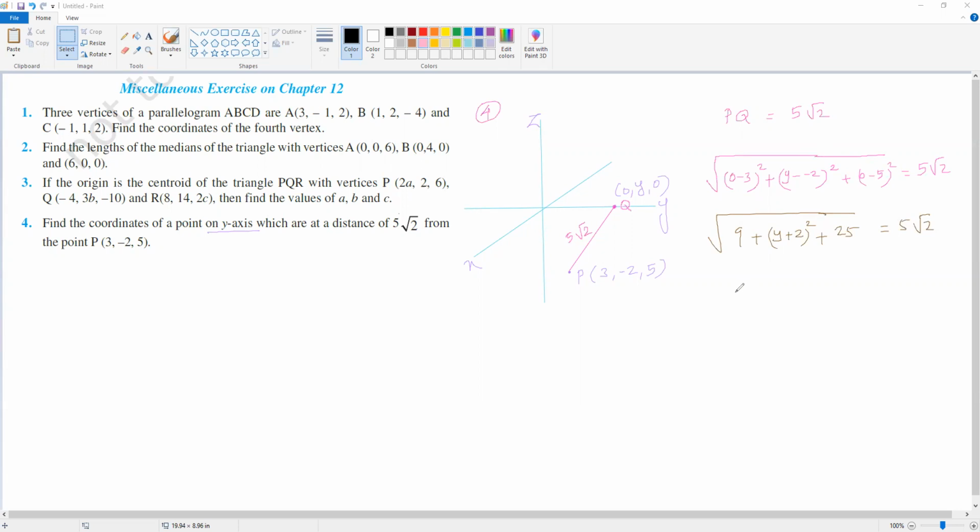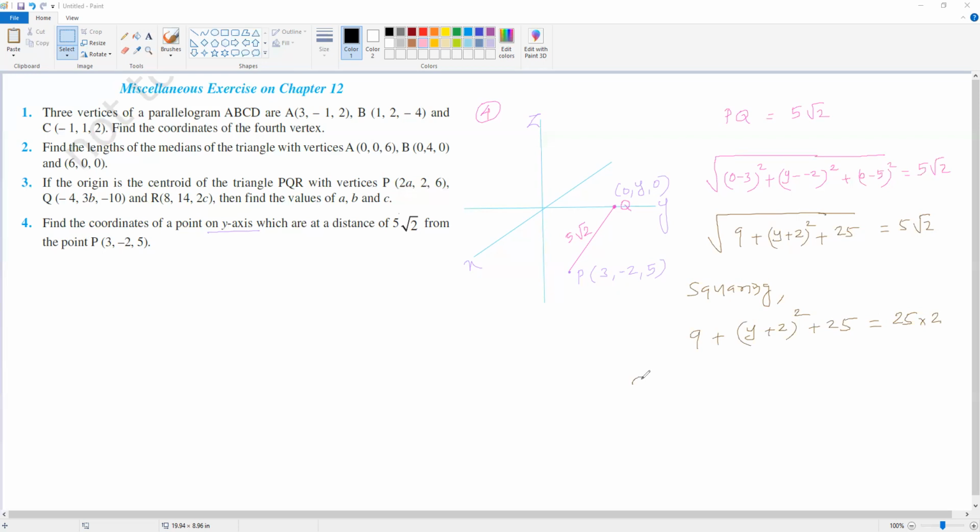Then just square both sides. So the square root will go, and we get 9 plus (y plus 2) the whole square plus 25 is equal to 5 square, that is 25, into root 2 square, that is 2.